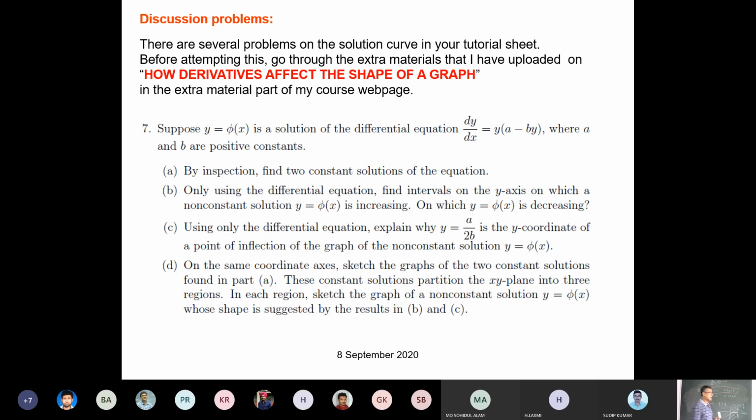Fine. Now, if you work with the second part, you won't be able to find a common intersection there. Okay, fine. So what is going to happen here? It is going to be increasing on this interval. So what about decreasing?